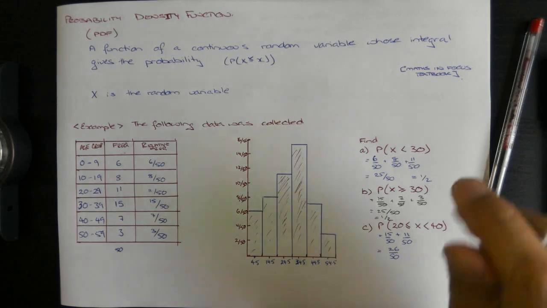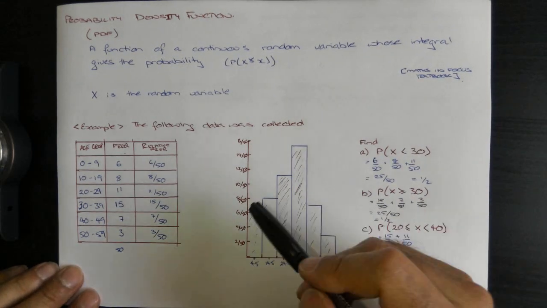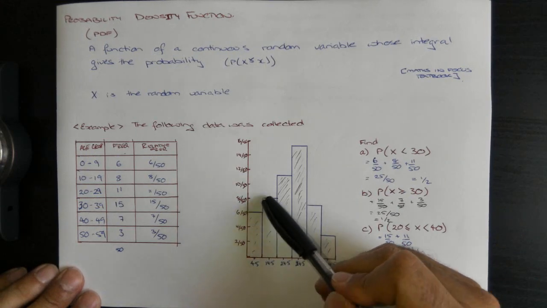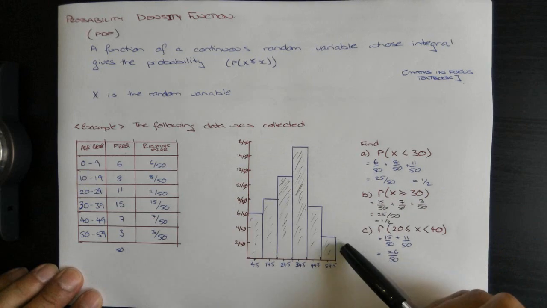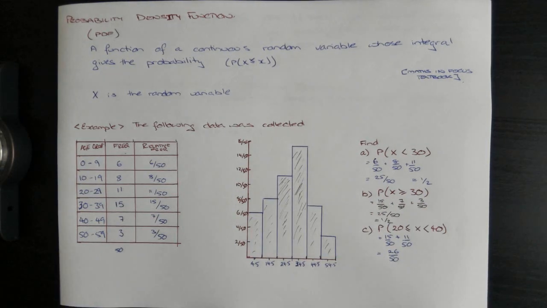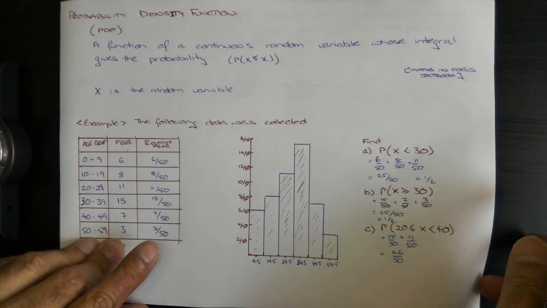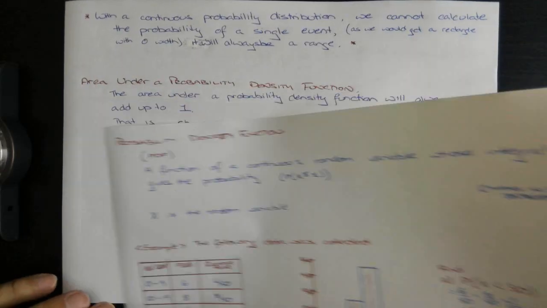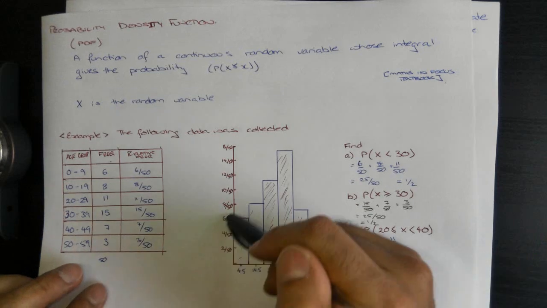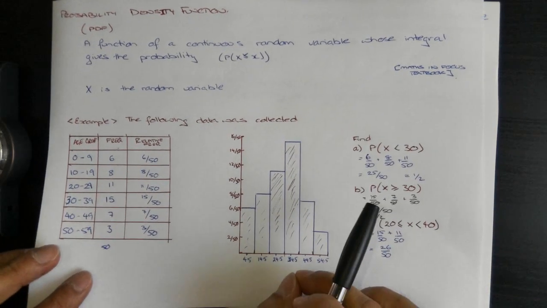There's a better way to do it. We could create a function or a curve that marries into this histogram, and that's what a probability density function is. Once we create the curve, we can then find out more information.